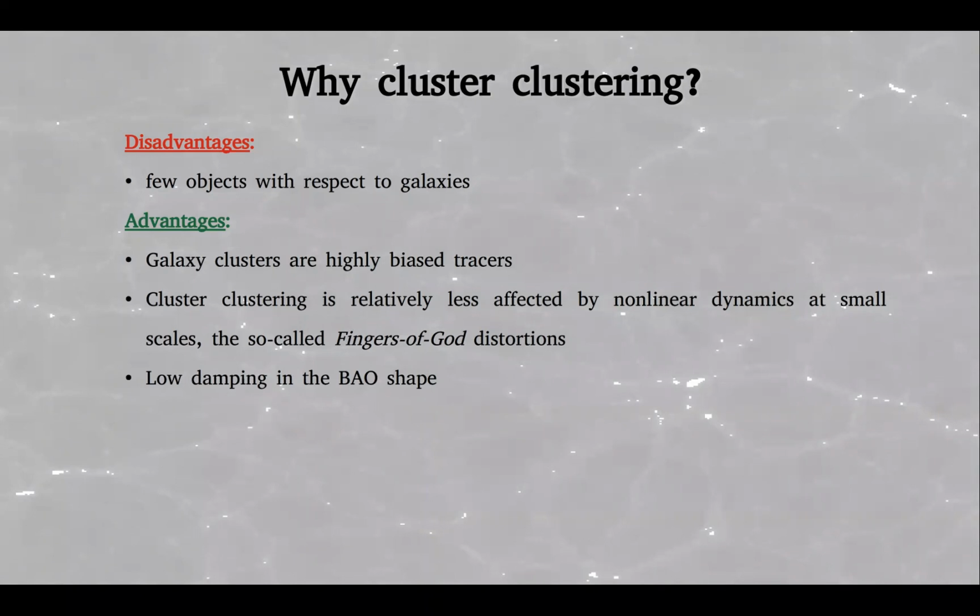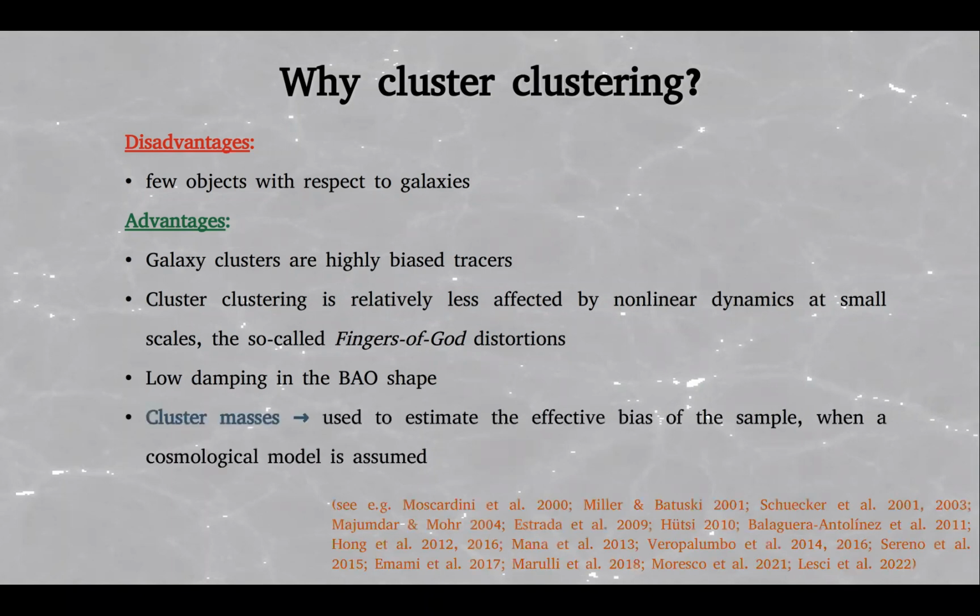This will be exploited in the third paper in particular, because in this work here I focused at smaller scale with respect to BAO. And finally, we have some different possible ways to estimate cluster masses. This is very interesting with respect to galaxy clustering, because we can use this information to put a prior on the effective bias of the sample.